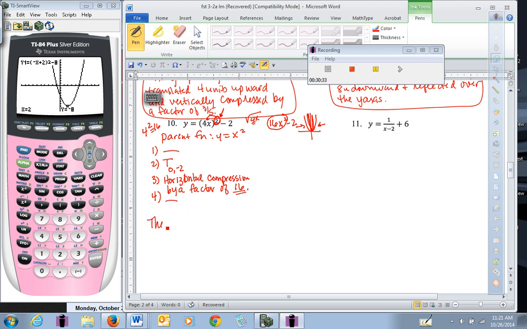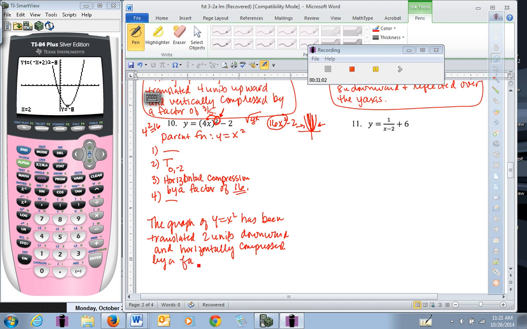So we're going to say the graph of y equals x squared has been translated 2 units downward and horizontally compressed by a factor of 16.